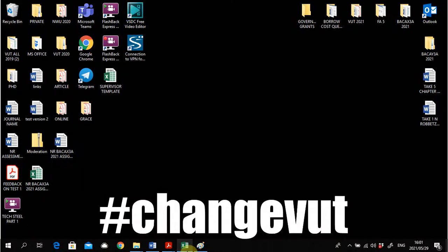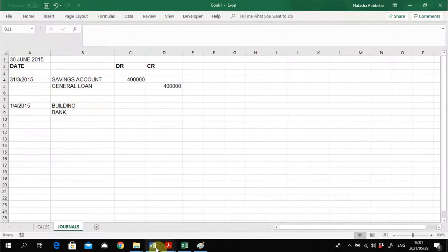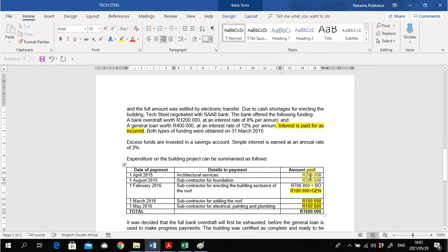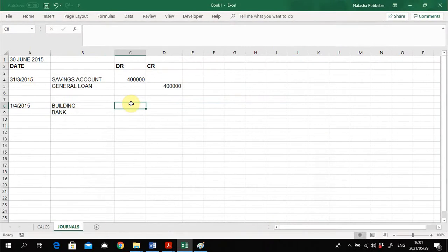If I go back to my question, I told you that the bank overdraft will fund this 200,000, that 300,000, and then 700,000 of this total 800,000 on the 1st of February. So this 200,000 will be the double entry bank. However, the double entries for these amounts, the 150s in yellow, will be savings account because the general loan was paid into a savings account. Right. The building amount that we pay towards it is 200,000 Rand.